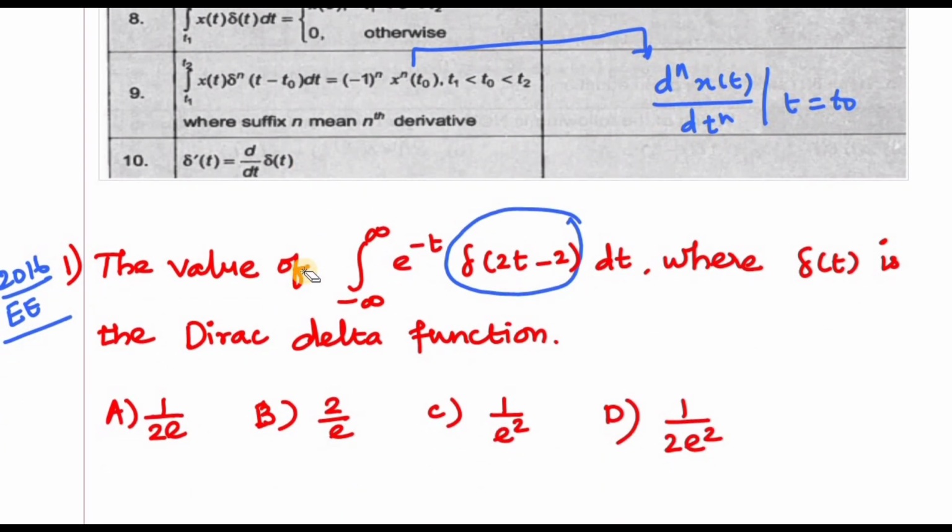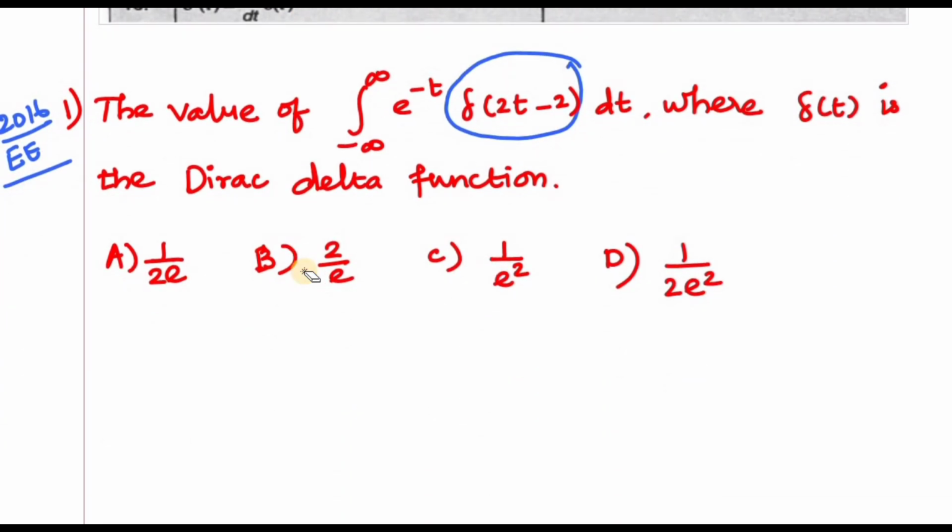Okay, so first we'll discuss one problem. This was asked in the 2016 EEE GATE question paper. The value of the integration from minus infinity to infinity of e power minus t del 2t minus 2 dt, where del t is a Dirac delta function. So here you can see del 2t minus 2.